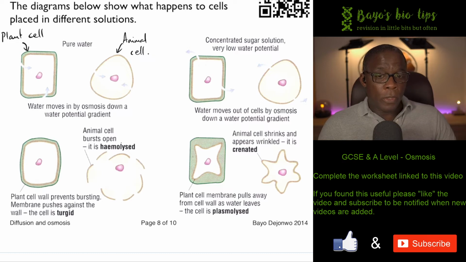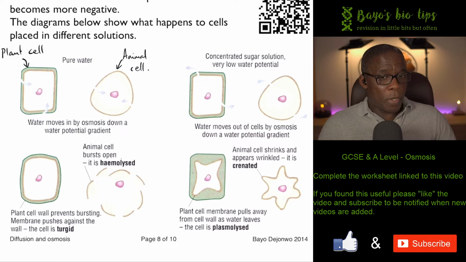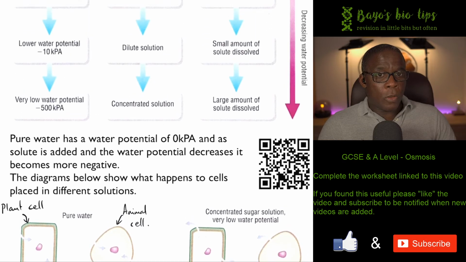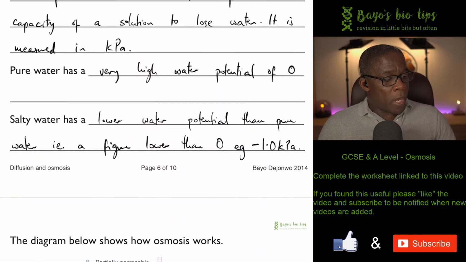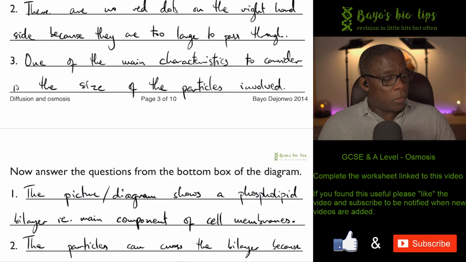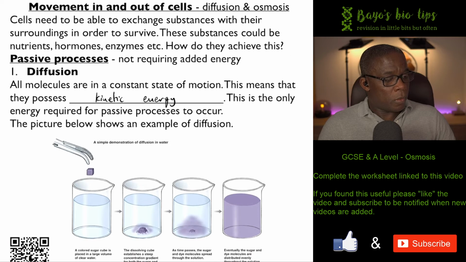Okay, so that's basically it on this topic. Now we've had a look at both forms of passive processes. We started off at the start of this with diffusion. And remember, we said that because diffusion only requires the kinetic energy of the molecules themselves and no extra energy, we describe it as a passive process.